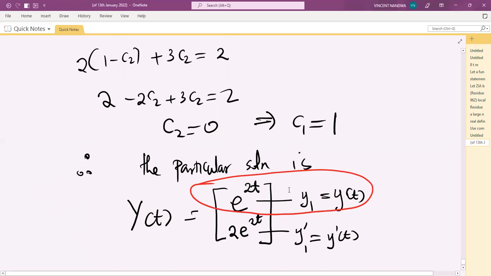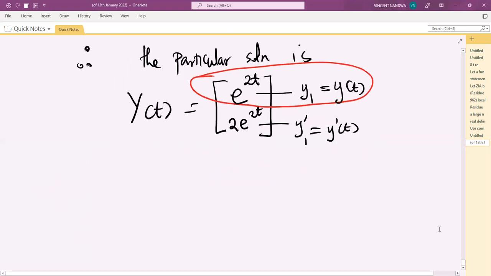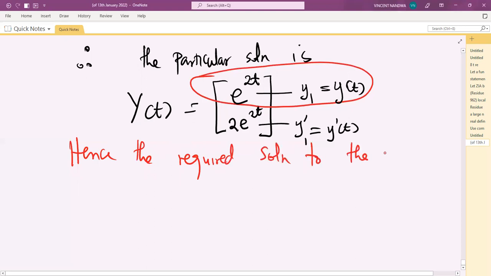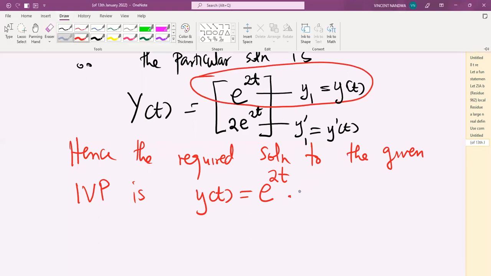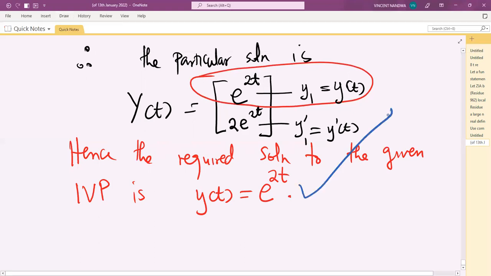So hence, the solution to the given initial value problem is y of t is given by e raised power 2t. So that is what we were supposed to arrive at in the end. Thank you.